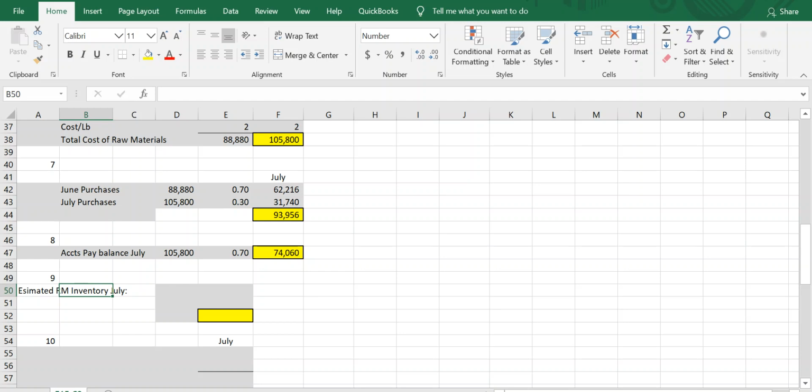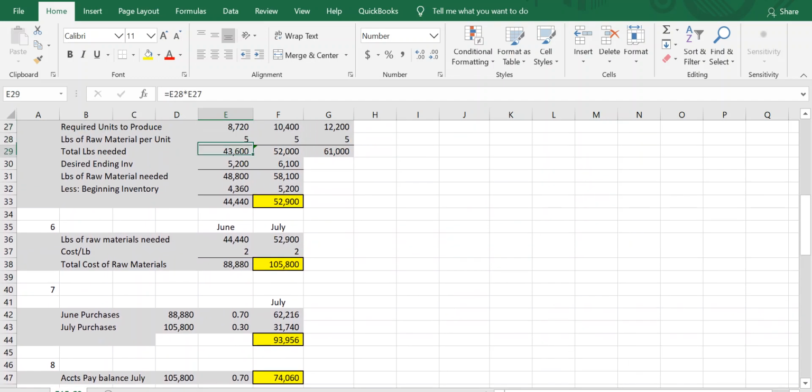Okay, number 9 asks us, what is the estimated raw materials inventory balance at the end of July? Well, if we're looking at the balance in raw materials, we're going to have raw materials pounds of 6,100, because remember, this is July, and we're projecting 10% of the pounds right here to be needed in August.